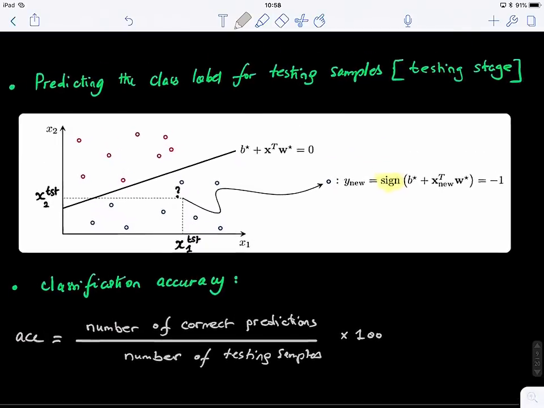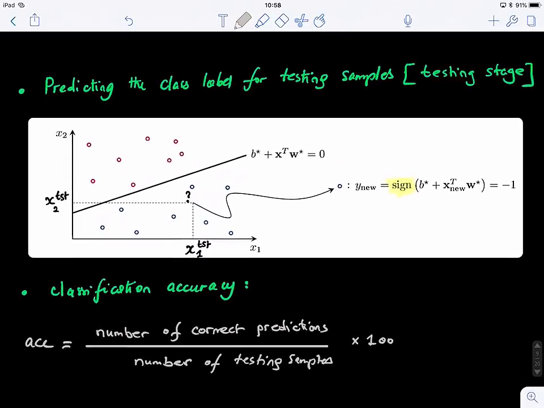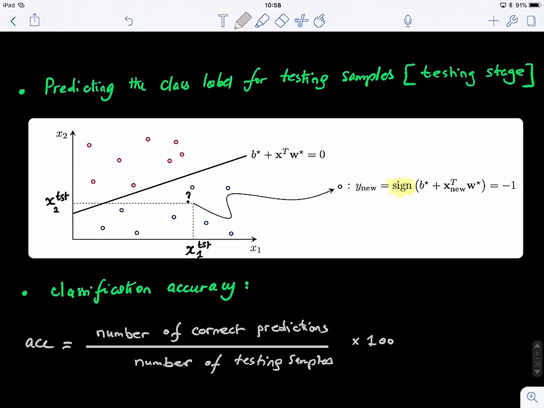How are we going to predict? So it's quite simple. Let's say we have a new point. So this is our new point, a new testing sample, in this example it has only two features, x1 test and x2 test. Okay, so what we need to do, we have our optimal parameters that we estimated by minimizing the softmax function, and then we just need to look at the sign we get by computing this.